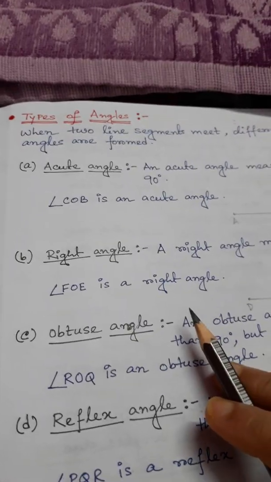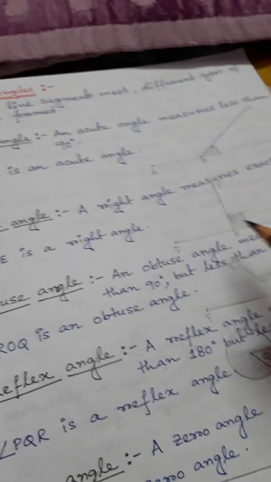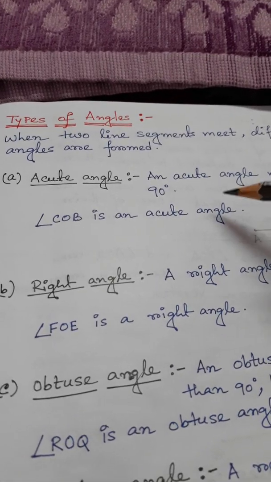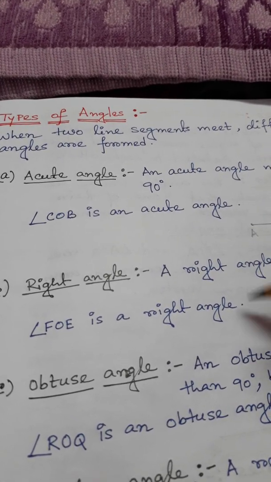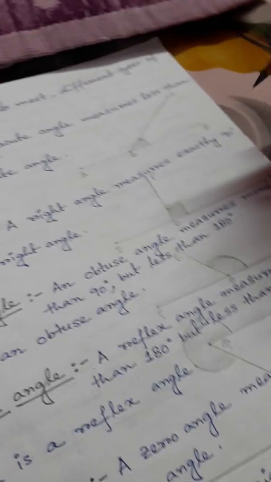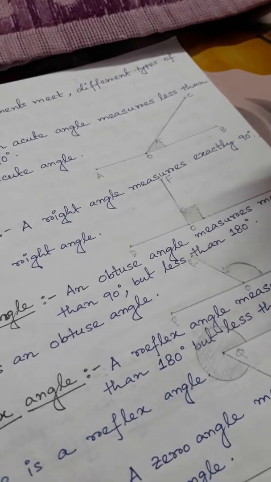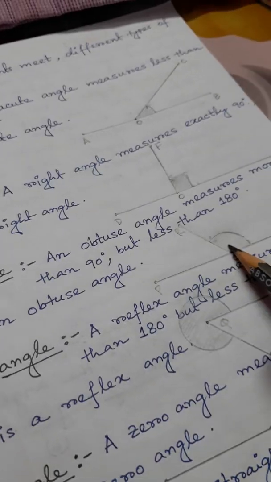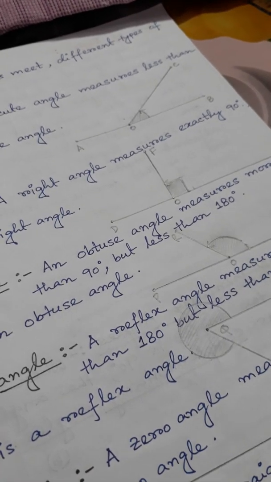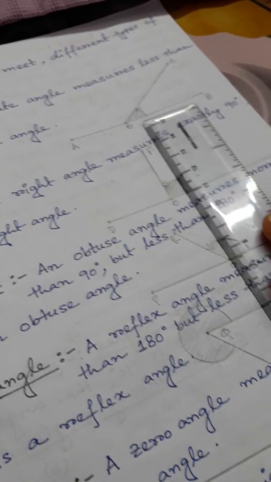Okay, now the obtuse angle. An obtuse angle measures more than 90 degrees but less than 180 degrees. What is the difference between acute and obtuse angles? An acute angle measures less than 90 degrees, but an obtuse angle measures more than 90 degrees and less than 180 degrees.